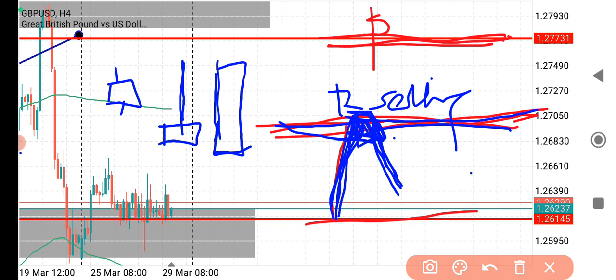So any confirmation of this, or on our lower time frame, we want to see a chart pattern, which will be a double top.